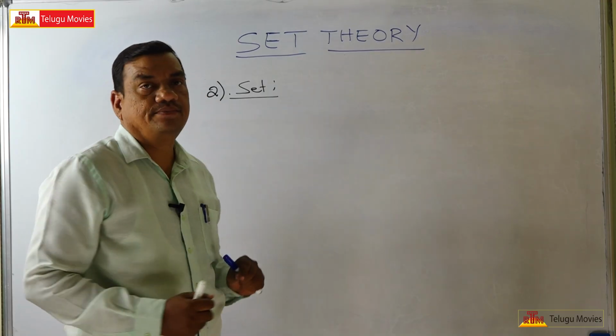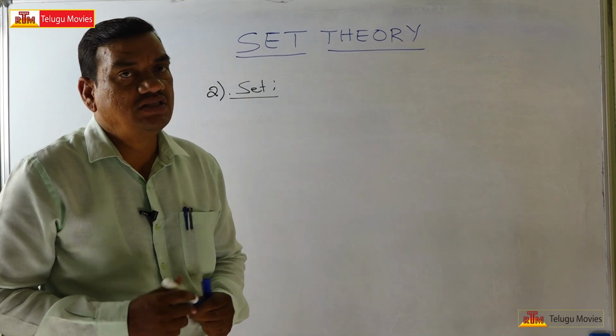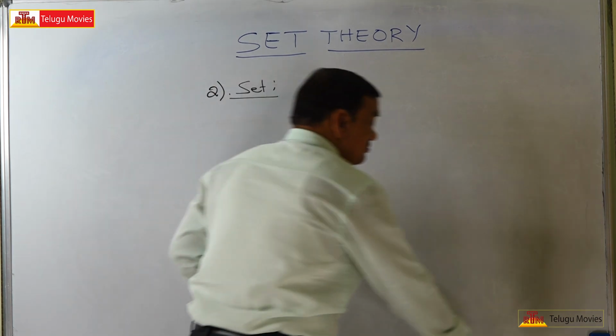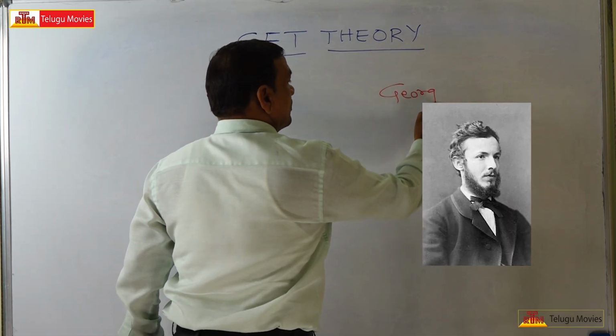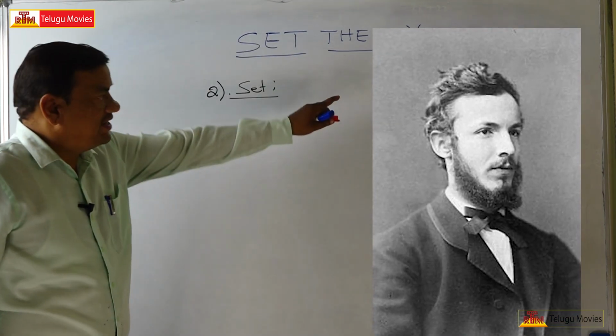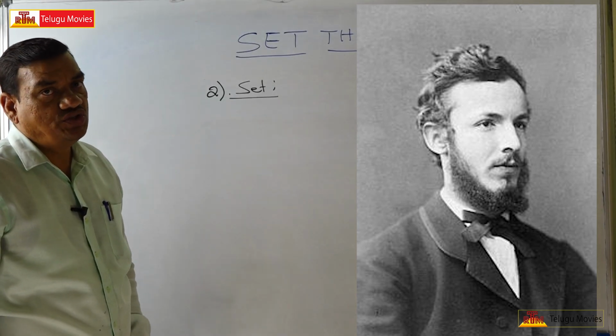What is a set? First of all, this set theory was created by a great mathematician. His name is George Cantor. He belongs to Germany.